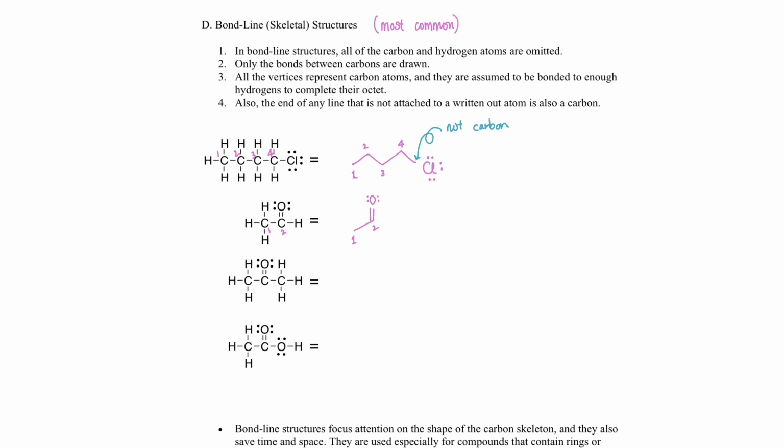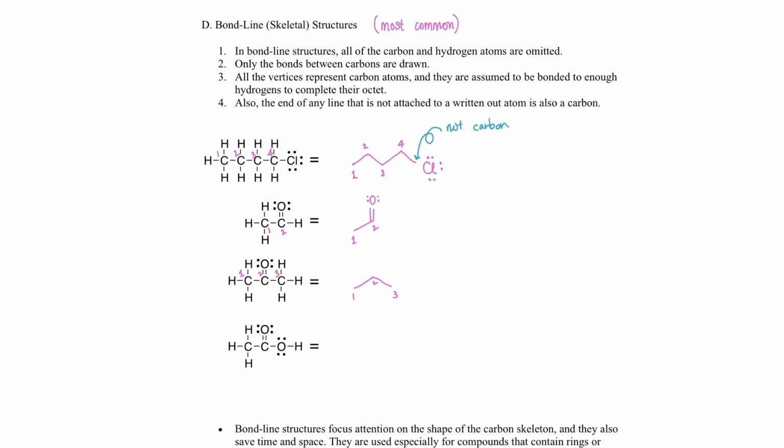The third example has 3 carbons, 1, 2, and 3. We can first start by drawing in the carbons of that bond line structure. So we have 1, 2, and 3. You can see that on carbons 1 and 3, you don't have to draw in anything, right?